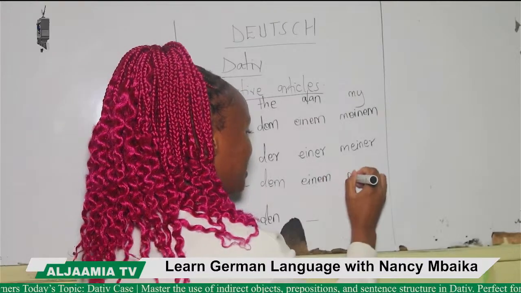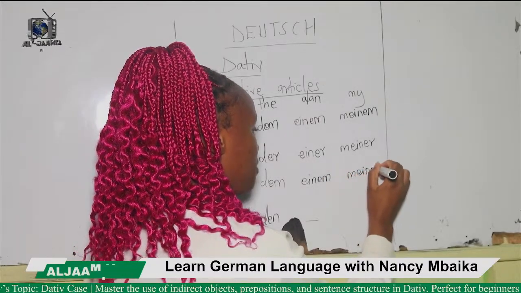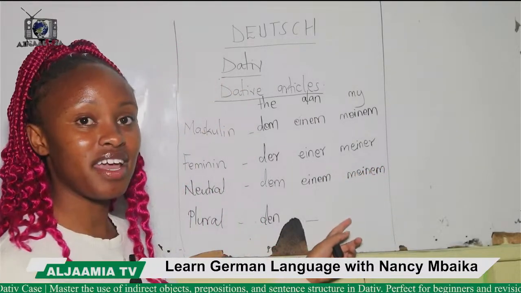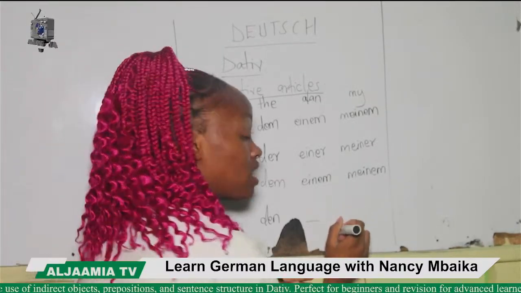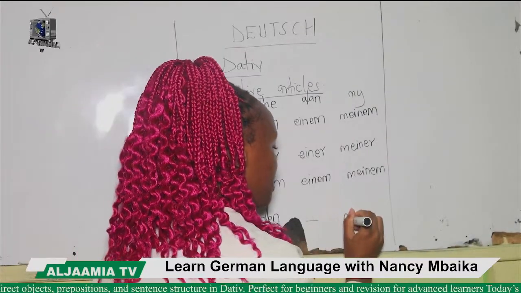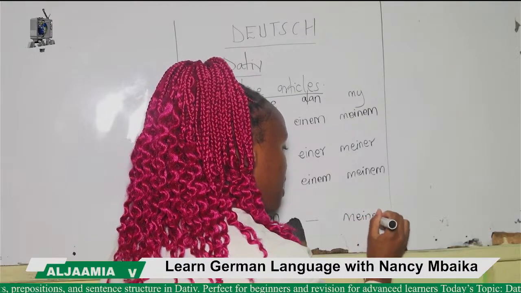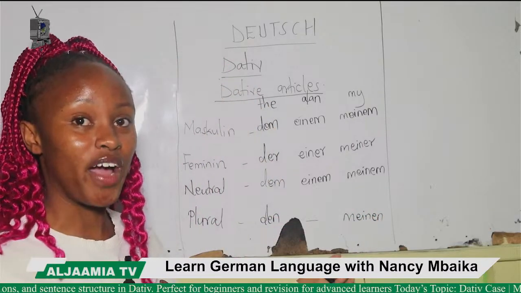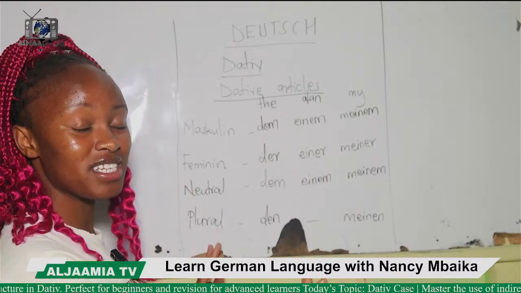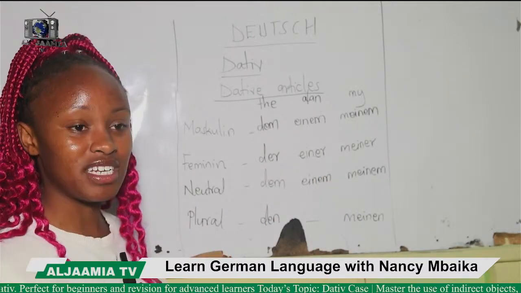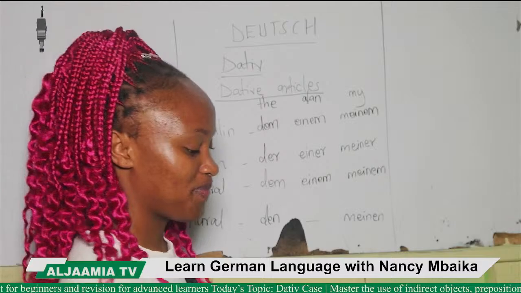A child, we have meinem, you're going to say meinem Kind. And then you also have plural. If you want to say my friends, you're going to say meinen Freunden. Okay, so these are the dative articles that we have. Let us now proceed to making sentences.